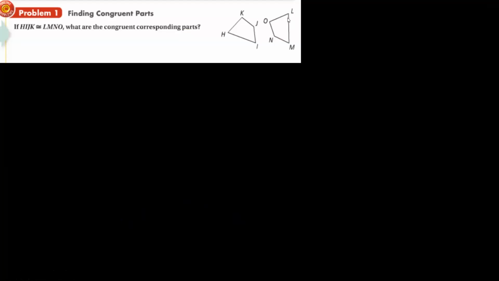How can we find the congruent parts? I just check all the corresponding sides and all the corresponding angles. If they are equal or congruent, I can say that my shape is congruent. Look at me now.